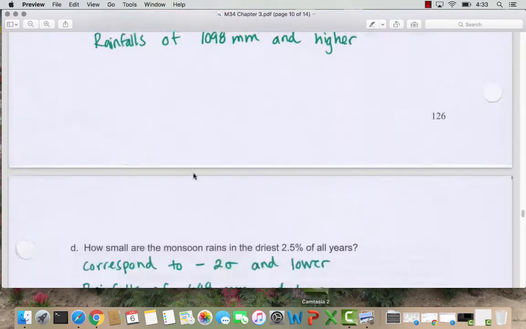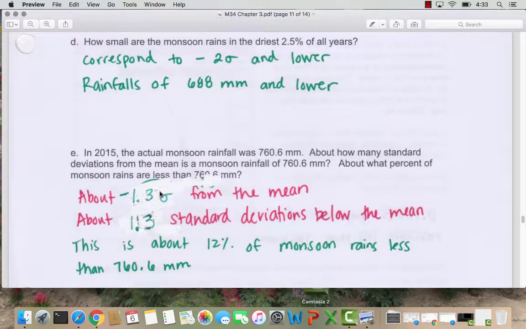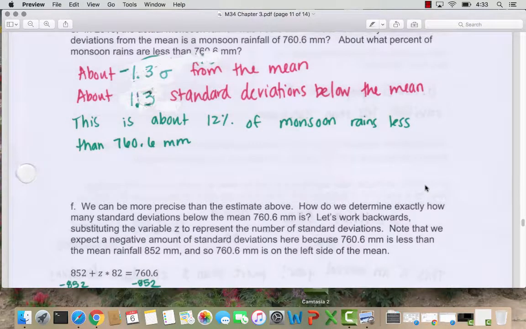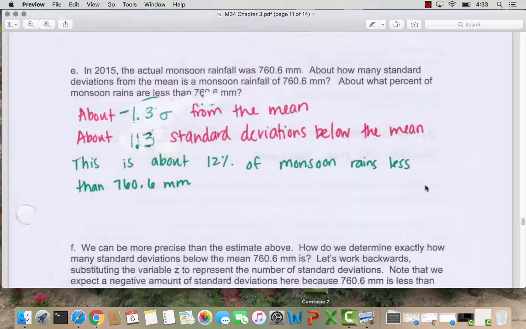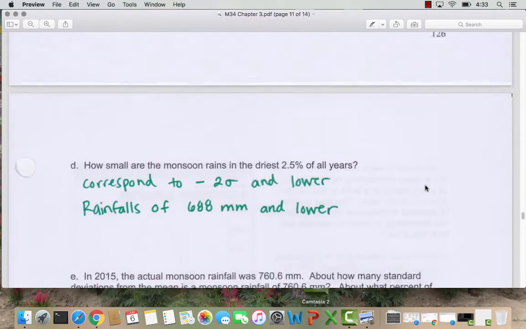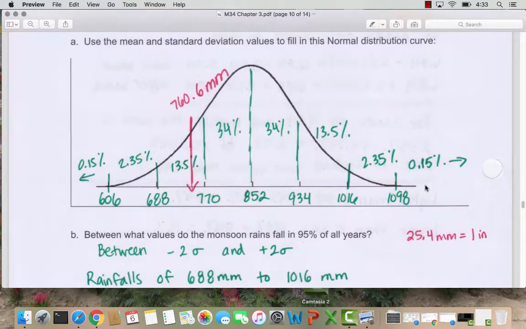So I said minus 1.3 sigma from the mean, or about 1.3 standard deviations below the mean. And so I said about 12% of monsoon rains would be less than 760.6. I did that kind of adding up. I know all of this would total 16% here, but it's not all the way up to 770. So I said, okay, this eyeballish looks like maybe 12% less than that.